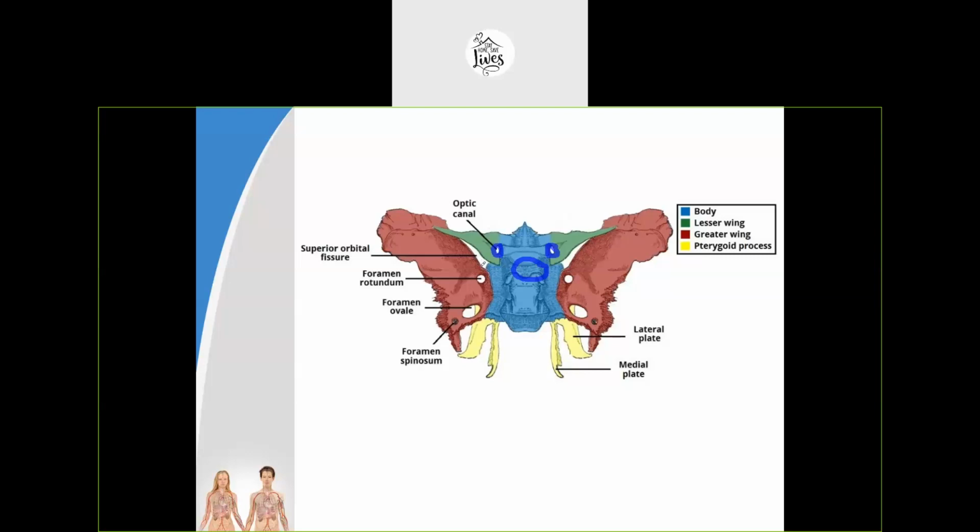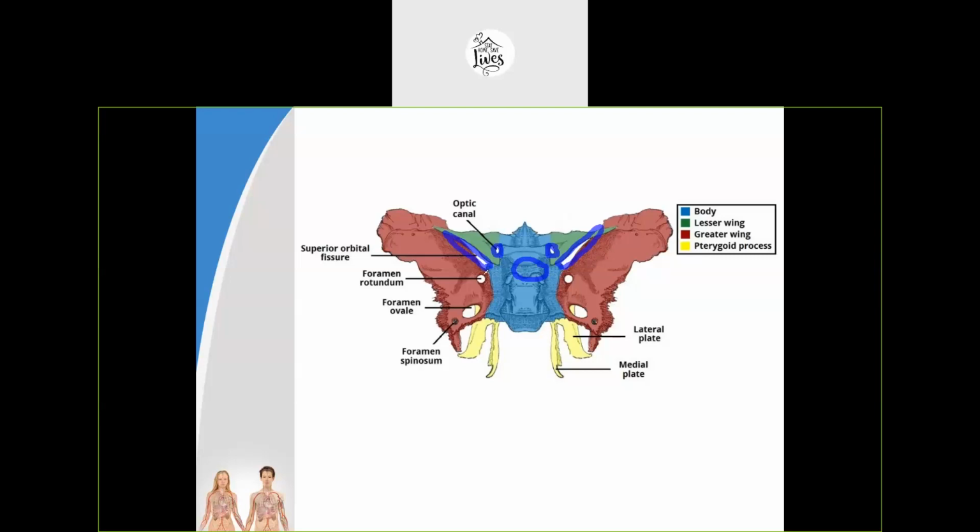The most anterior opening is the largest, and this is called the superior orbital fissure. You can see that it is not a hole, but it is the fissure, which is like an elongated opening. It is a long slit, simply to say, in between the greater and the lesser wings of the sphenoid bone.